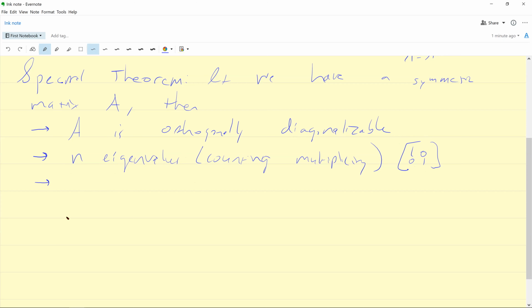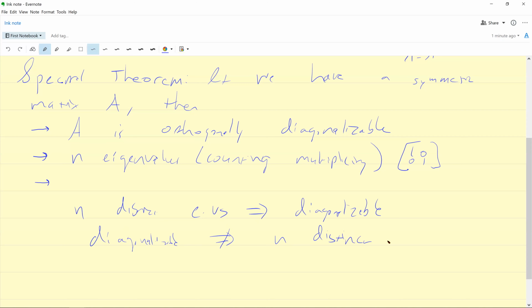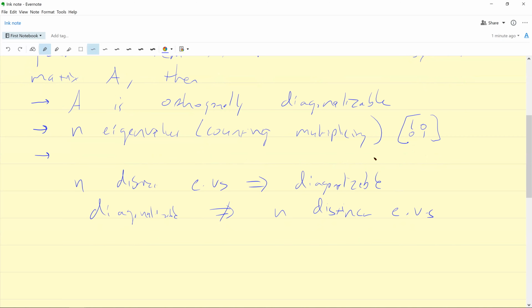One of the facts we have is that n distinct eigenvalues always means it's diagonalizable, but diagonalizable does not always mean that we have n distinct eigenvalues. But you can say something about the eigenvalues.